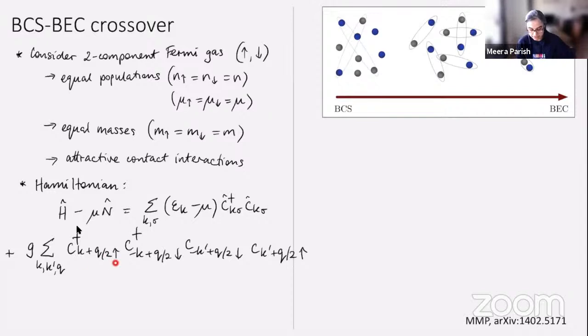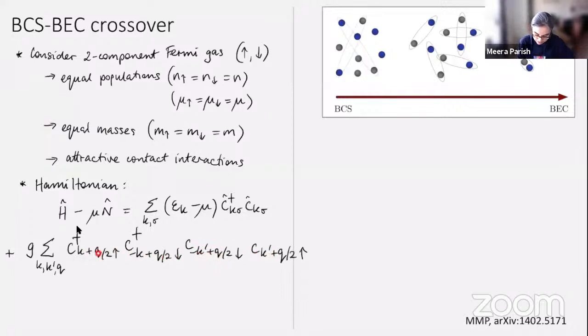So basically what this corresponds to is you're taking two different fermions, say up and down. They could be two different hyperfine states, for instance. They're coming in at some total momentum Q and relative momentum K prime here.